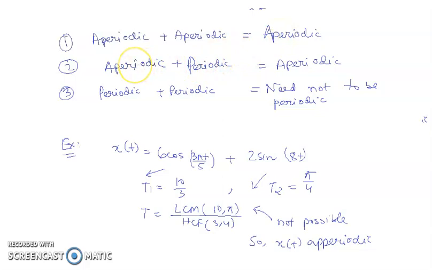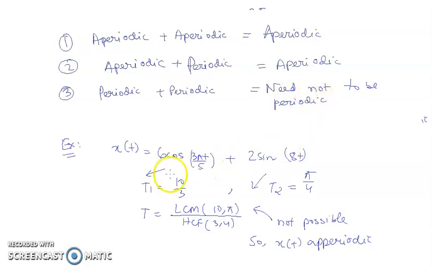When we are adding an aperiodic signal with a periodic signal, then the resultant will also be an aperiodic signal only. So when an aperiodic signal is present in some signal, the signal should automatically be aperiodic. When we are adding two periodic signals, the output can also be aperiodic. It need not be a periodic signal.